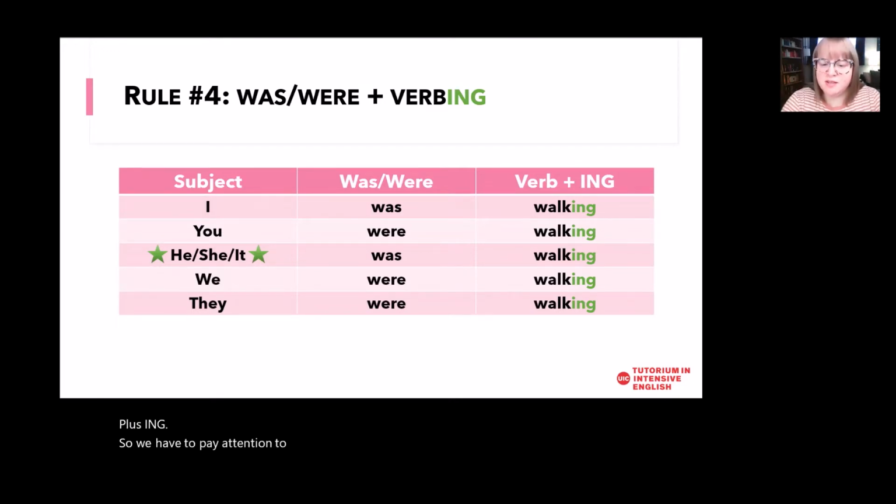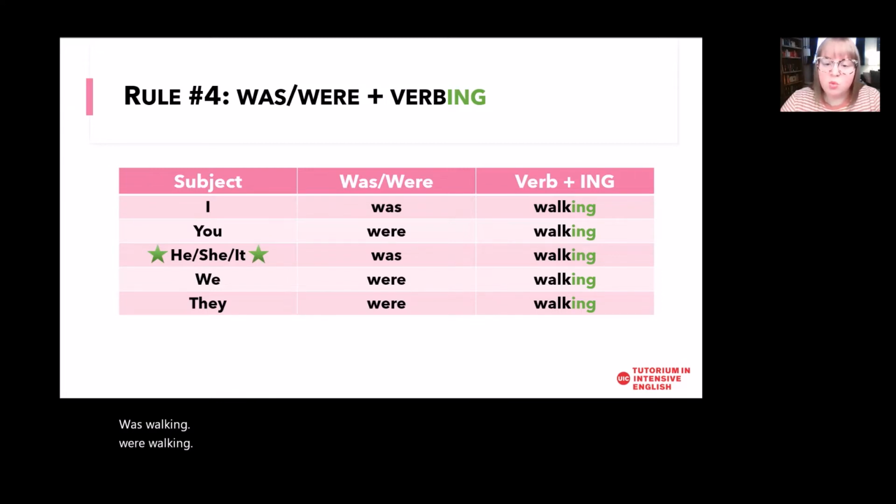Let's look at some examples with walk. So our subject, I was walking. You were walking. He, she, it was walking. We were walking.